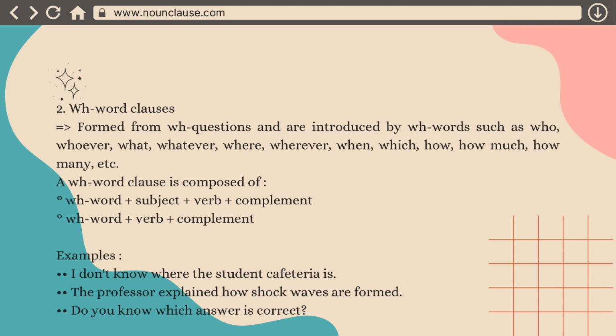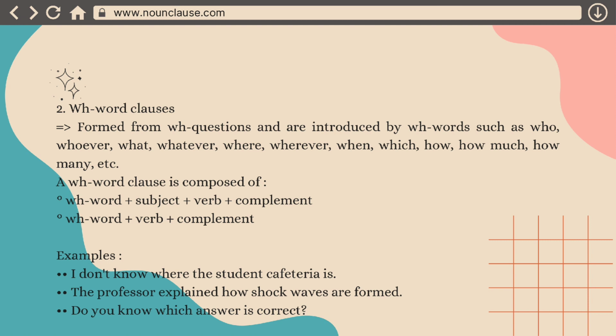A WH word clause is composed of WH word plus subject plus verb plus complement, or WH word plus verb plus complement. There are two ways to form WH word clauses.